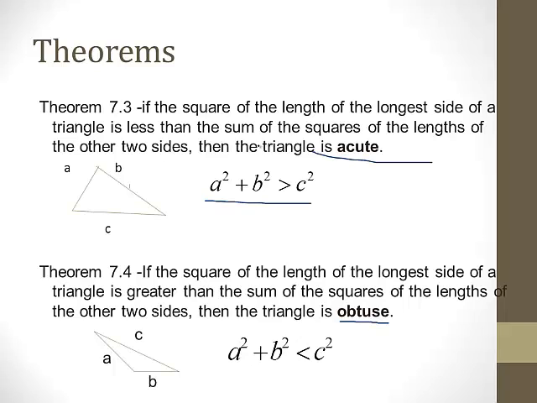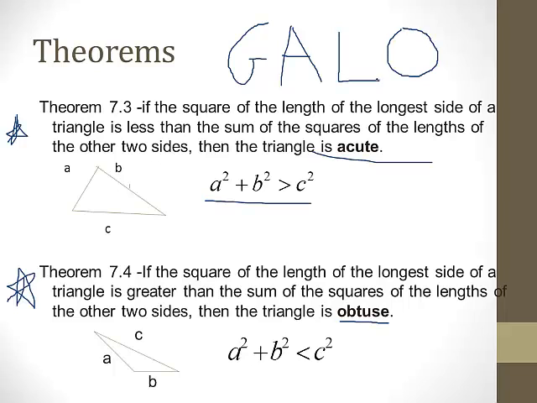A lot of people have trouble remembering this and then remembering all the diagrams and all that stuff. So the thing that I tell them is to remember the saying that I came up with: G-A-L-O.